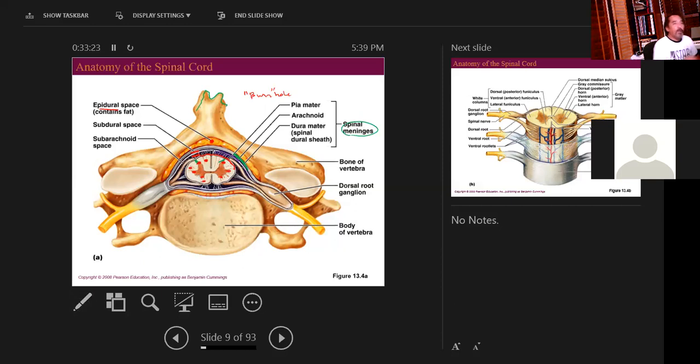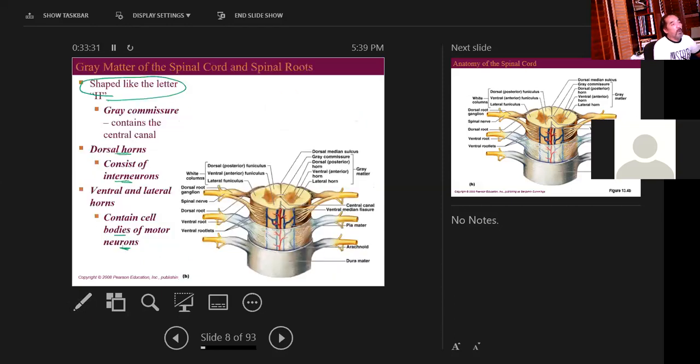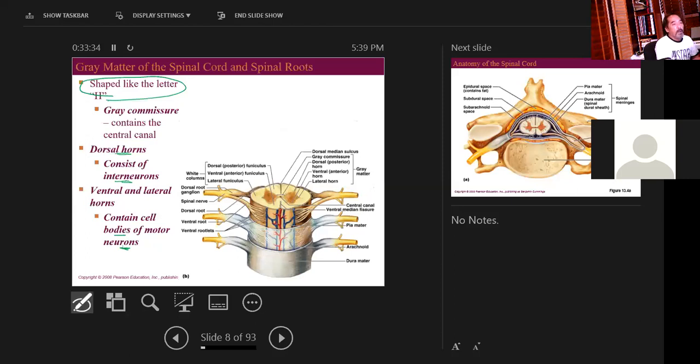Now I want to ask you about these cuts in between your spinal cord. Here is just an indentation on the dorsal side. That's why we call it a dorsal median sulcus. A sulcus is just an indentation.